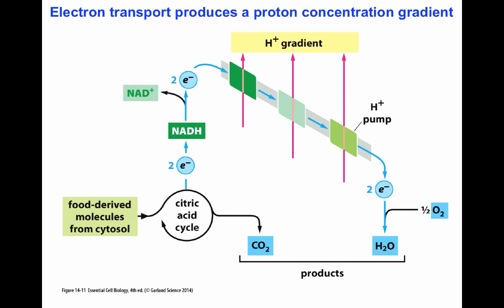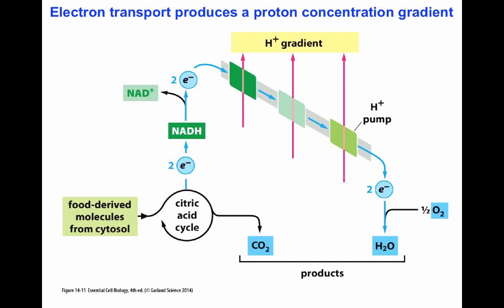Multiple different molecules within the Krebs cycle could then be added, and that is going to then result in the production of reducing power, electrons that are going to be captured in the form of NADH, and not shown here, FADH2. Now, those high energy electron carriers are going to be able to donate their electrons to the complexes of the electron transport chain.